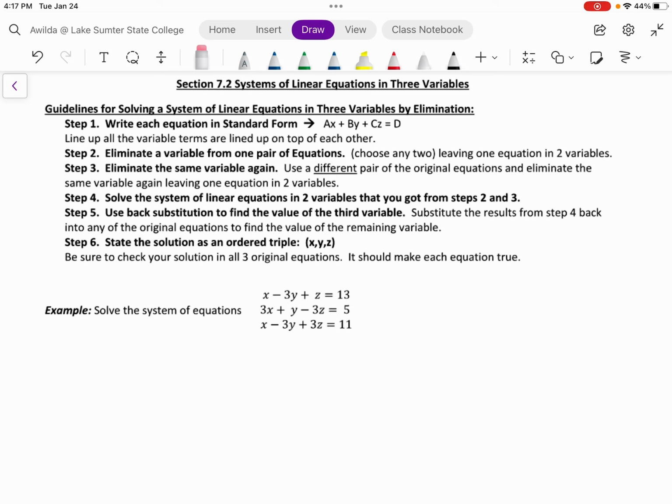Two lines could indeed intersect at a single point. In that case, the point has an ordered triple for its location: an x-coordinate, a y-coordinate, and a z-coordinate, which represents that third dimension.